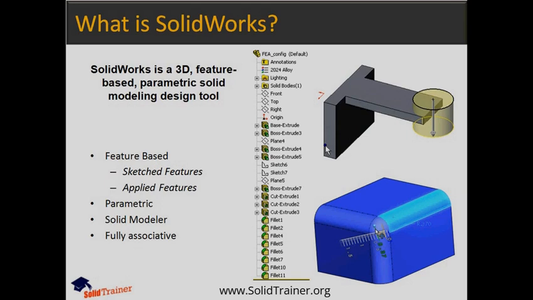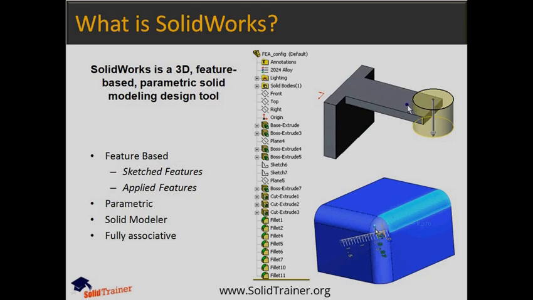Feature-based. Just as an assembly is made up of a number of individual piece parts, a SolidWorks model is also made up of individual constituent elements. These elements are known as features. Features can be of two types: sketched features and applied features. Sketched features are those features that are made from sketches, like the one that you see in the circle over here.